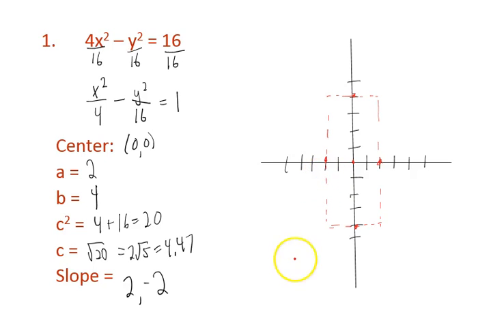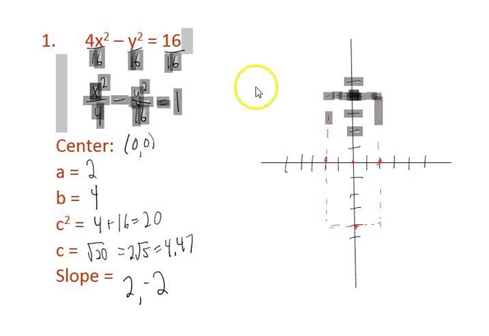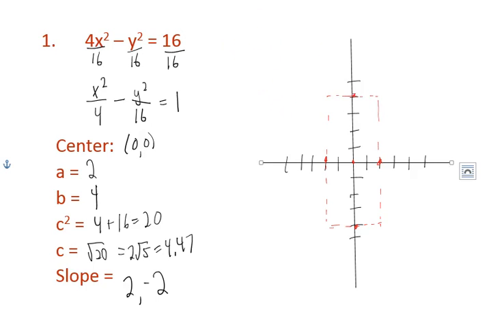Then your asymptotes are going to go through those corners, and I'm going to let the computer help me draw that one, to go through the corner, through the center, and then out the other corner. So something like this, to the best of your ability.